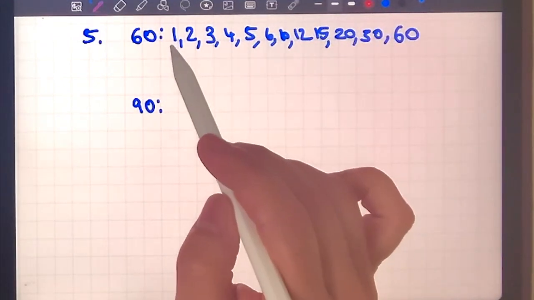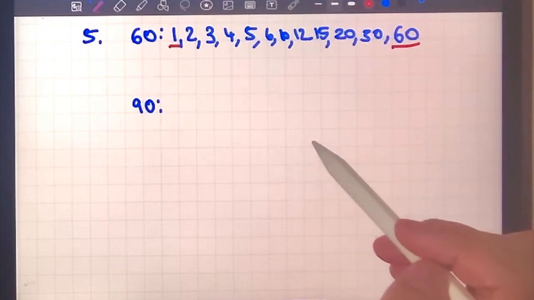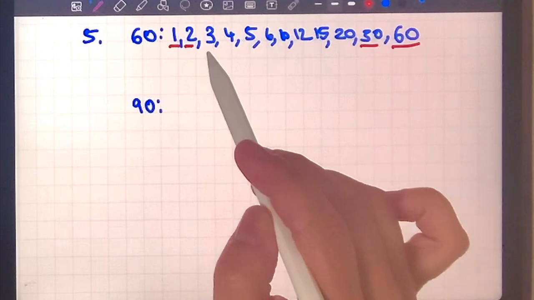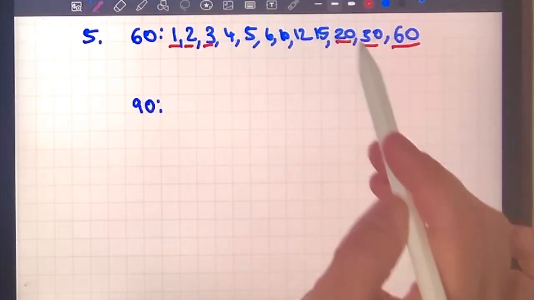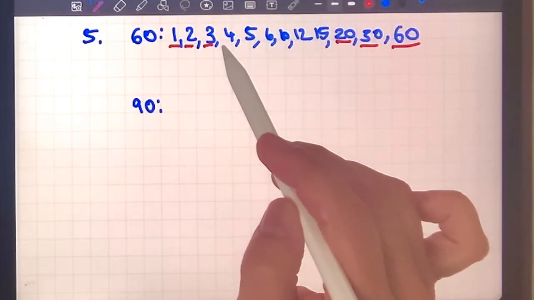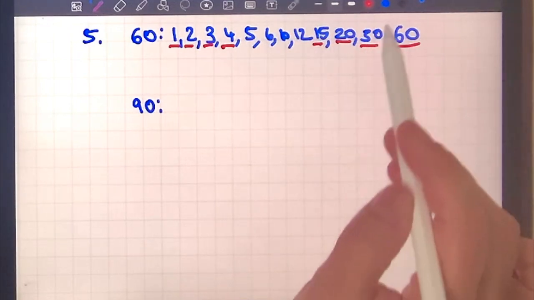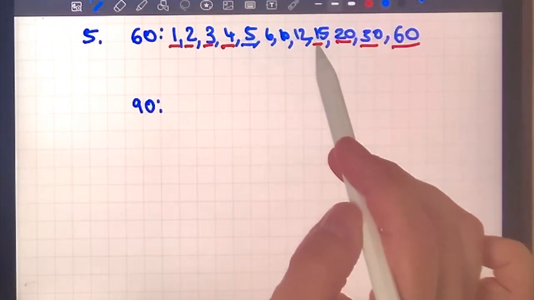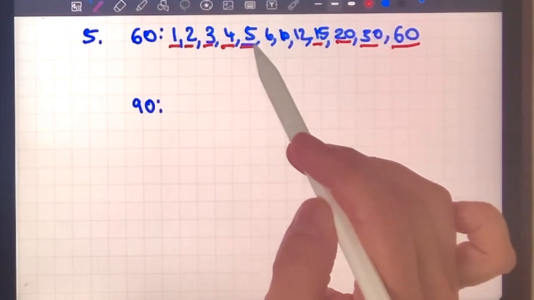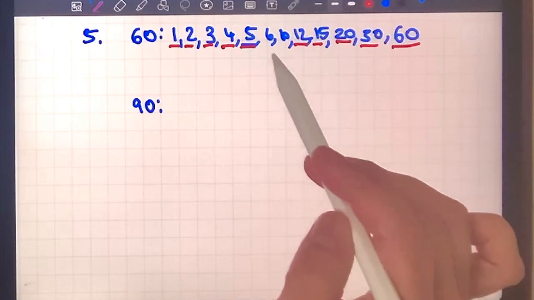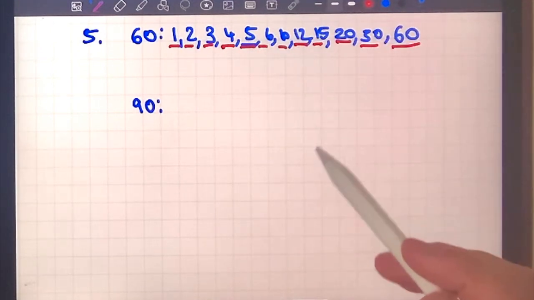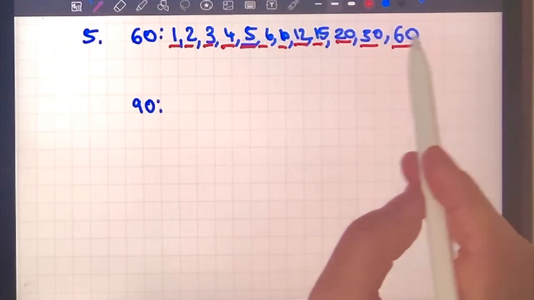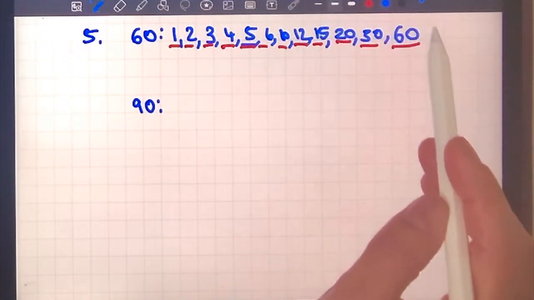Let's have a look. 1 times 60 is 60. 2 times 30 is 60. 3 times 20 is 60. 4 times 15 is 60. 5 times 12 is 60, and 6 times 10 is 60. So again, it's just my little mental check to make sure that I haven't left anything out.